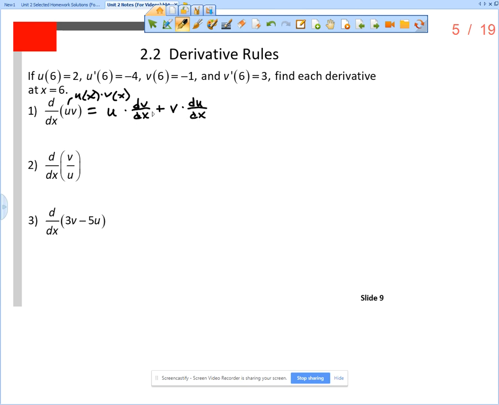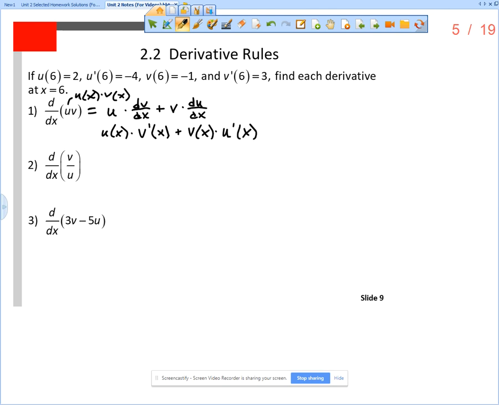Now, remember, these are like functions. So if I have u, that's really meaning u of x times dv dx, which is like saying v prime of x, plus v of x times the derivative of u, that would be u prime of x.